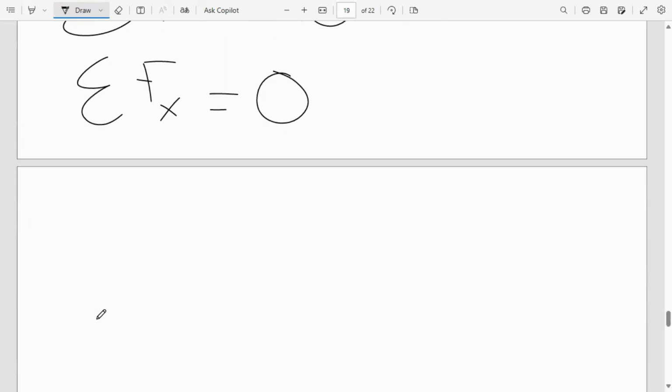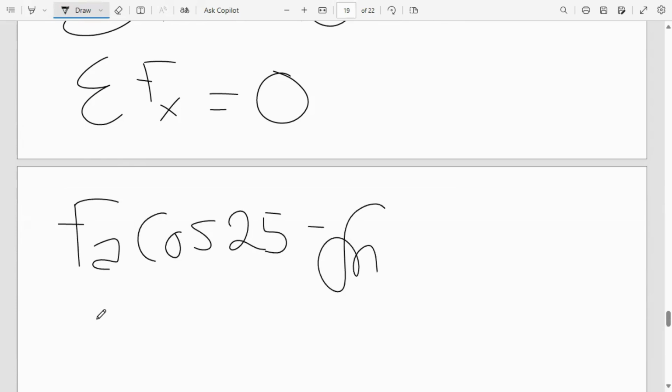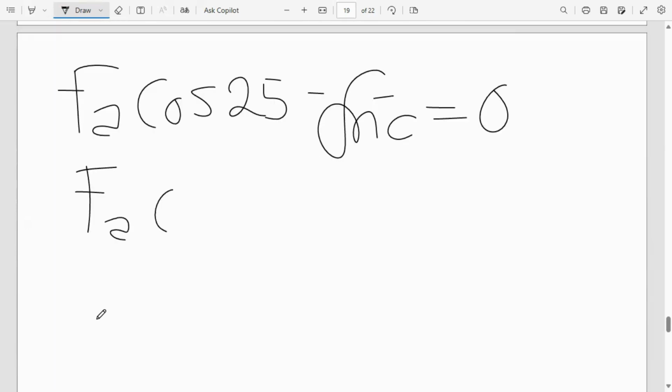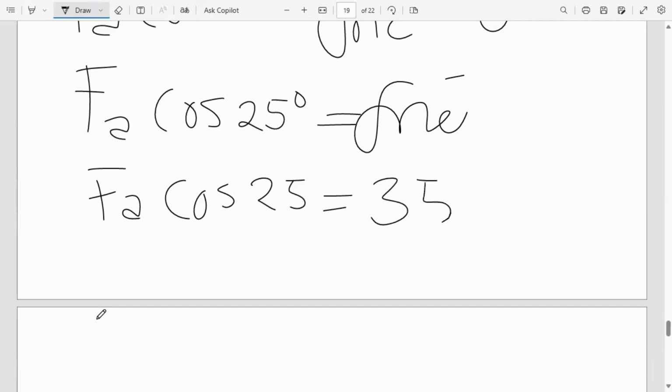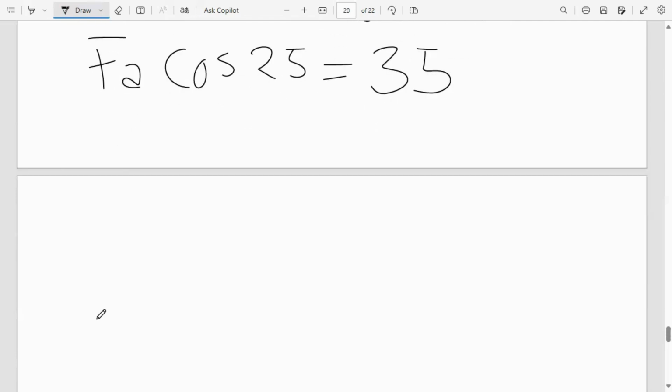And if it is like that, what forces do we have in the x? We have the applied force, Fa cos 25, minus the force of friction, and this should be equal to 0. That means our applied force Fa cos 25 degrees should be equal to the force of friction. So Fa cos 25 is equal to 35, which is our force of friction.